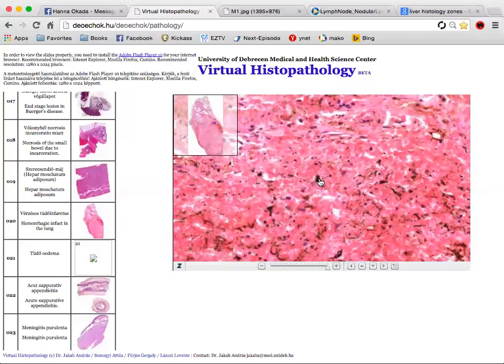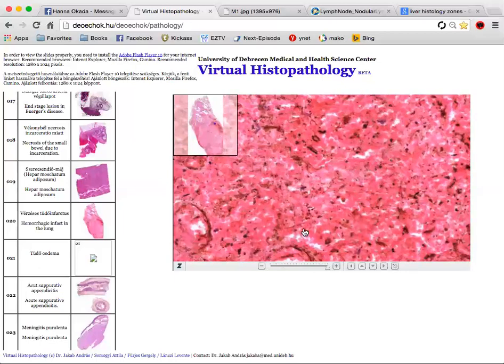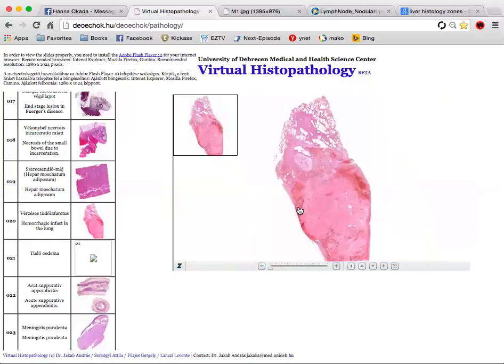Which is the most influenced area by the red infarction, the lighter area or the dark area? This area is all infarcted. If I zoom out, this whole thing is infarcted. Then the dark area is more severe?